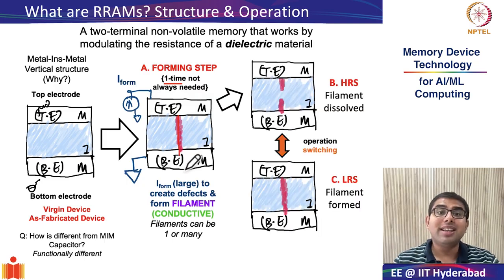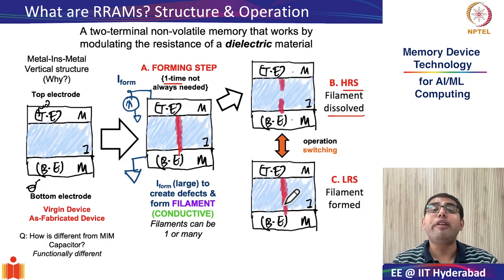And this explains the general operating principle or mechanism of an RRAM. It consists of this controlled filament either in dissolved state, and at that time it is in high resistance state because between the top electrode and bottom electrode there is no electrical contact, since the filament is dissolved, or it can be in the state where it has already formed.